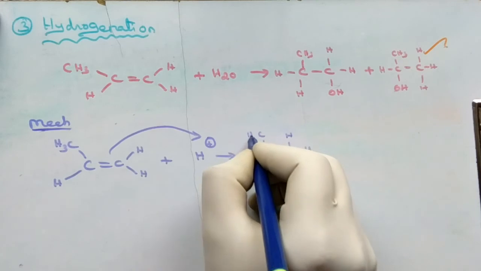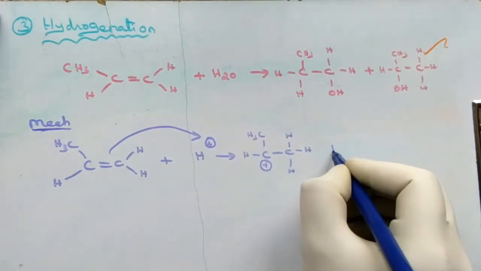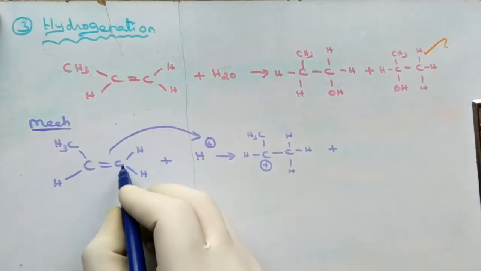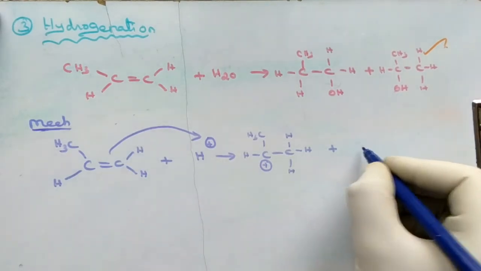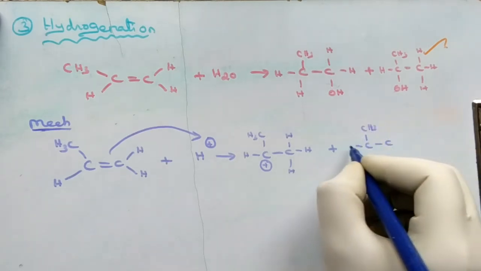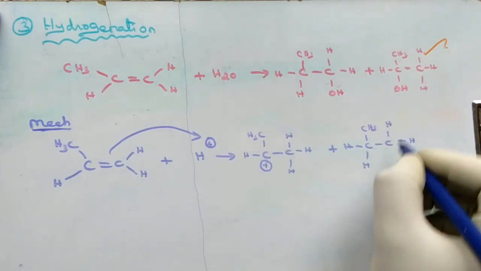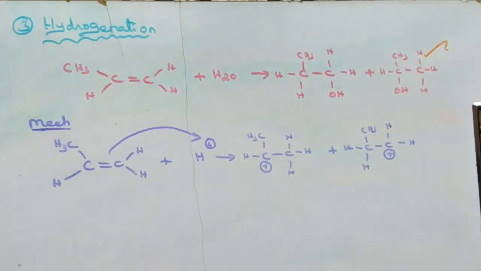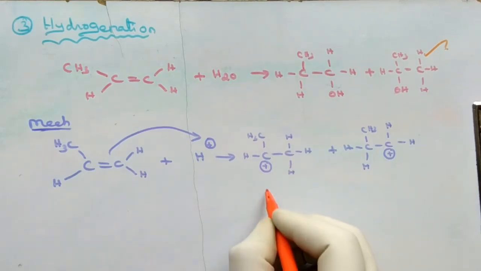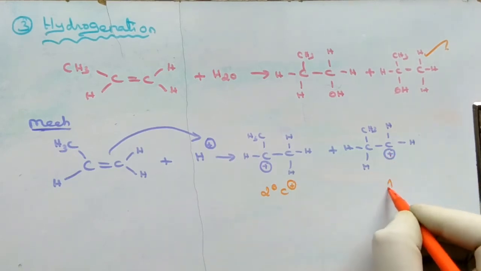If hydrogen is added to the first carbon, we get a primary carbocation. If hydrogen is added to the second carbon, we get a secondary carbocation. So this one is secondary carbocation and this one is primary carbocation.